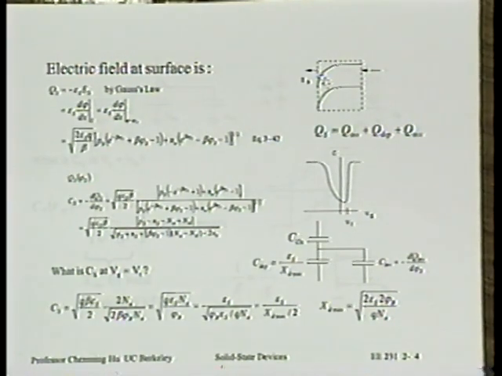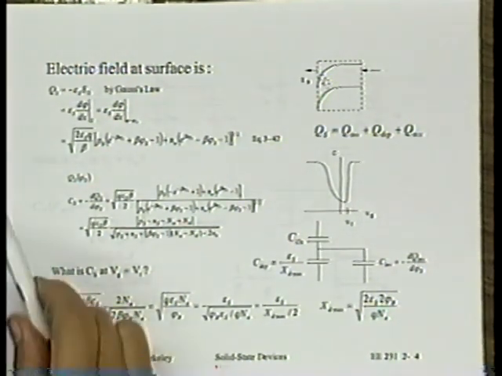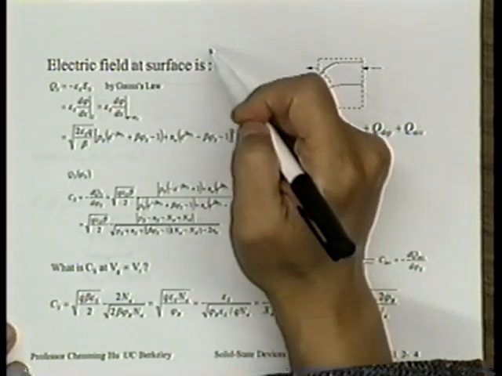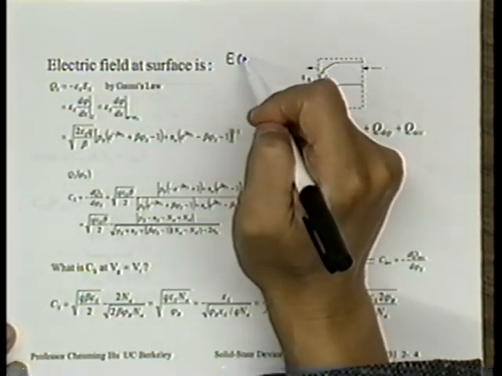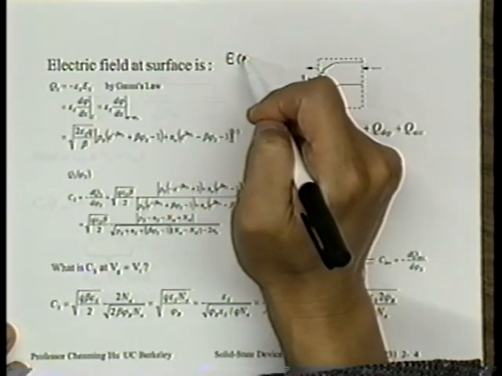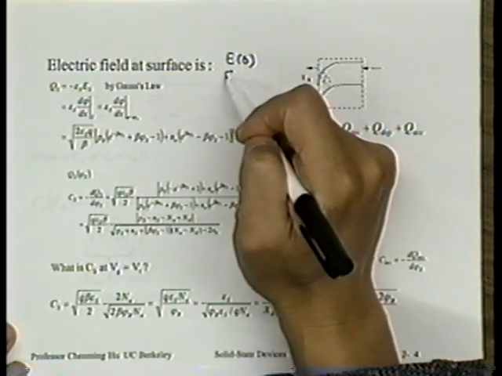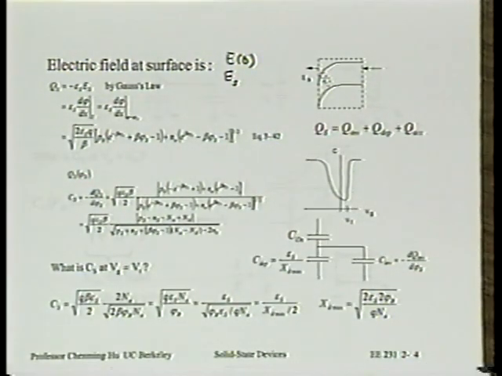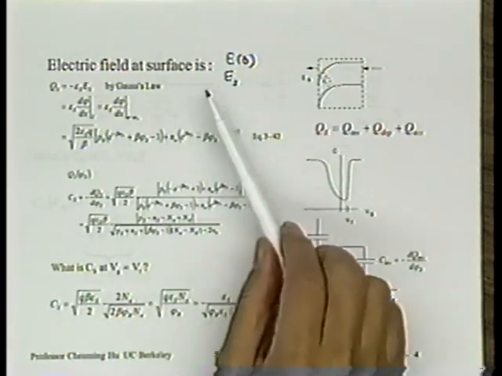All right. Okay. So the electric field at the surface, we use this notation E at x equal to 0, right? E at 0. We can use another notation, which is a little easier, that is a subscript S to represent surface. Okay? So the electric field at the surface is called ES.